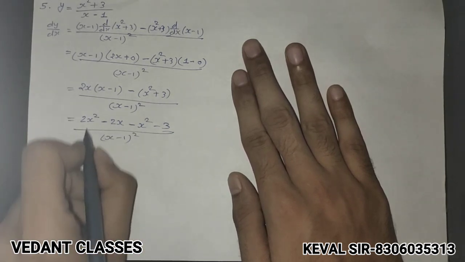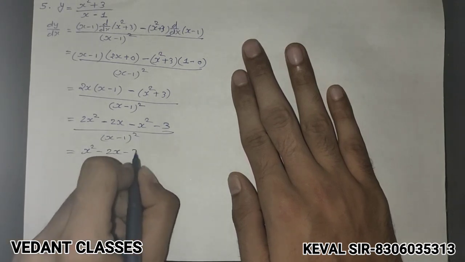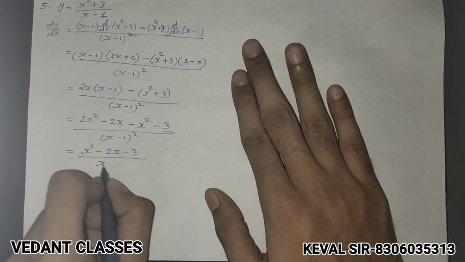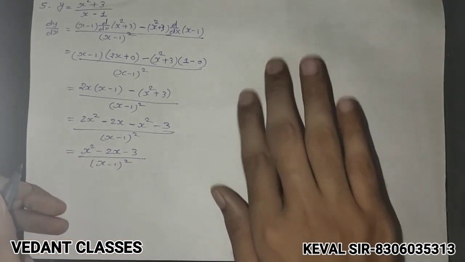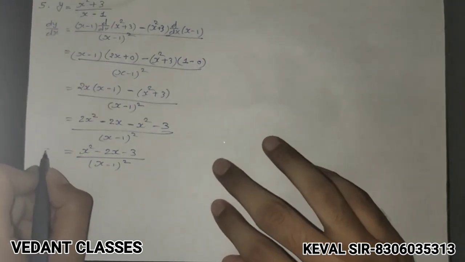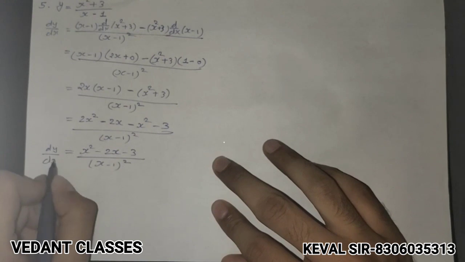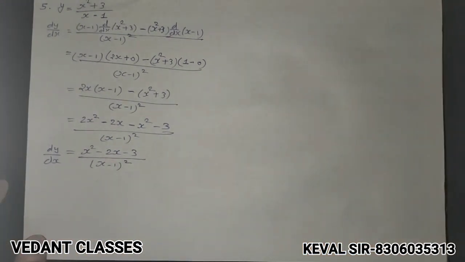Okay, so 2x square minus x square, so it will be x square minus 2x minus 3, x minus 1 the whole square. So this is the value of dy by dx. Okay, now if you want to factorize it, you can.